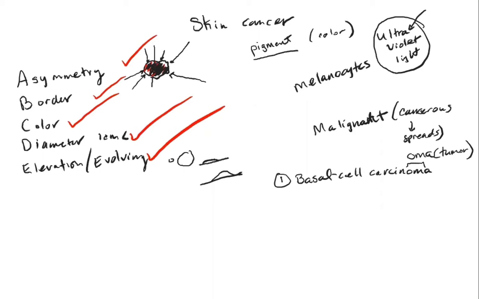So basal cell carcinoma is the least malignant. It's got the best prognosis, meaning that it rarely becomes malignant. It doesn't become cancerous. It does not metastasize. So basal cell carcinoma can be treated fairly easily. Sometimes you don't even have to remove it.